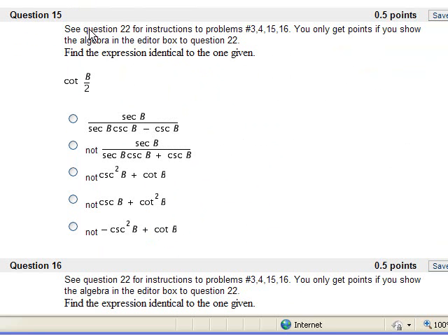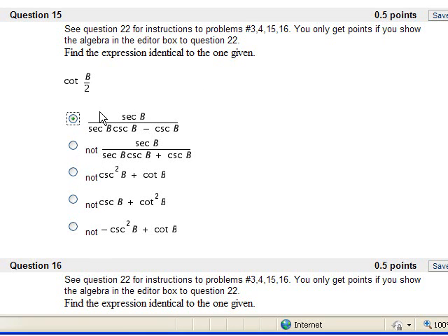I'm not going to do 15 and 16 because that's what I showed earlier for problem 3. This used to be a multiple choice question, and still is, with me giving away that the answer is the first one.